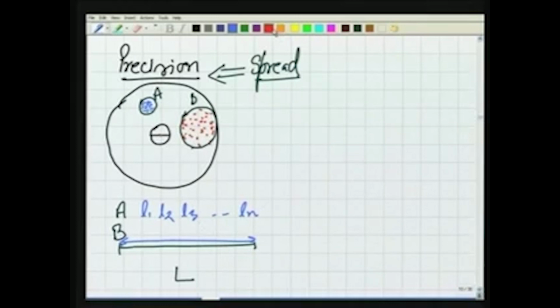And B also takes several observations, for example L1, L2, L3, up to Lm, a different number of observations, whatever. I am writing them in red in order to differentiate. Now, just by looking at these observations, can you speak about the precision? Who is more precise out of these two? Well, in this case we will again make use of our normal curve.